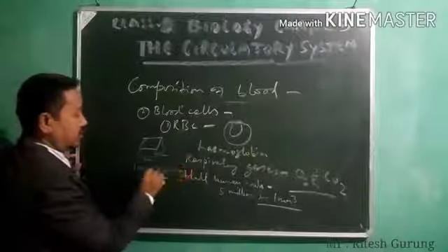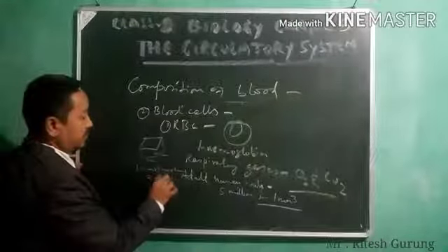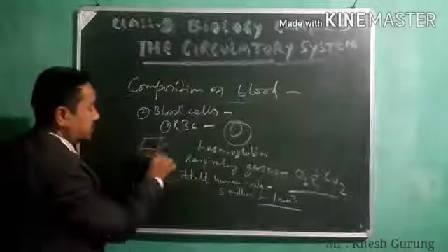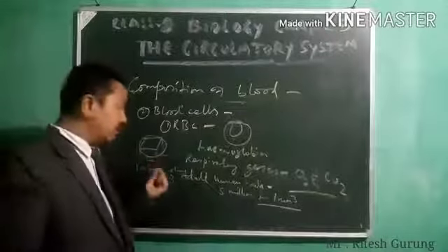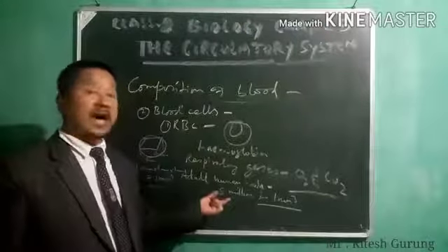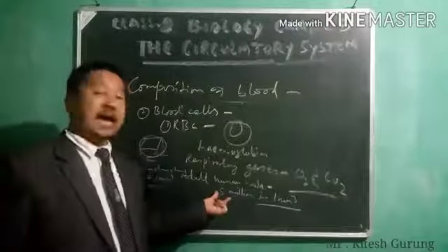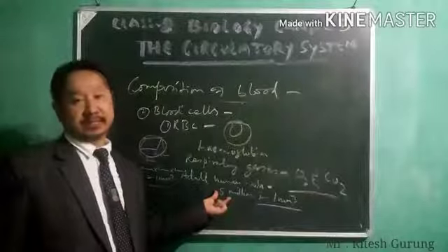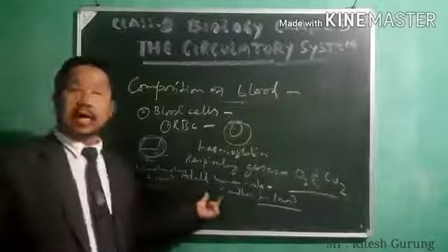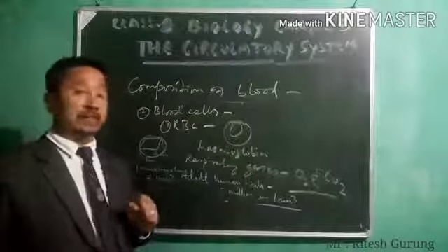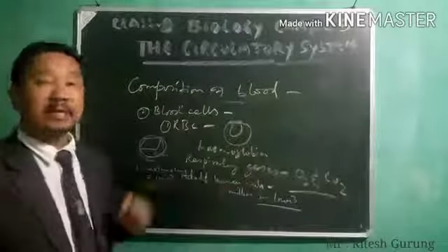All right, so volume will be 1 cubic millimeter. Suppose in this container the blood is filled. So in that volume of blood, 5 million RBCs are present if the blood sample is taken from the adult human male.